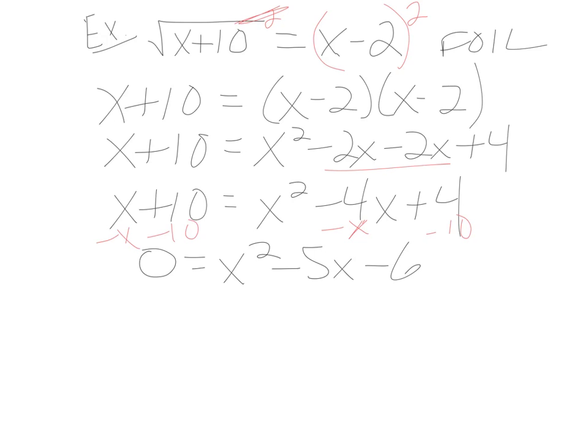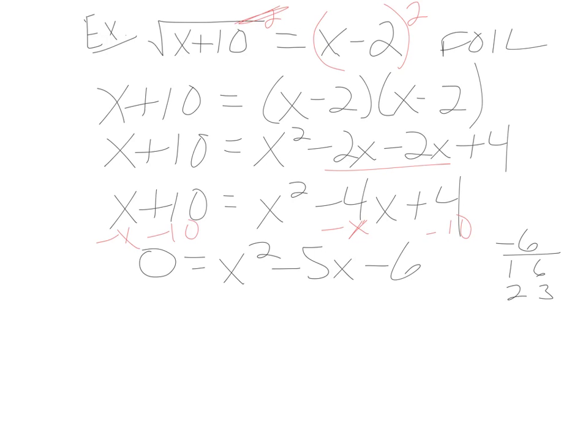Now this will factor. Be really careful with this 6 and the 5. It's a negative 6. That means one of the factors has to be negative when I look at 1 and 6 and 2 and 3. So I need to figure out how to make a negative 5 with only one of my factors negative. So the 2 and 3 wouldn't work if either the 2 or the 3 have to be negative.